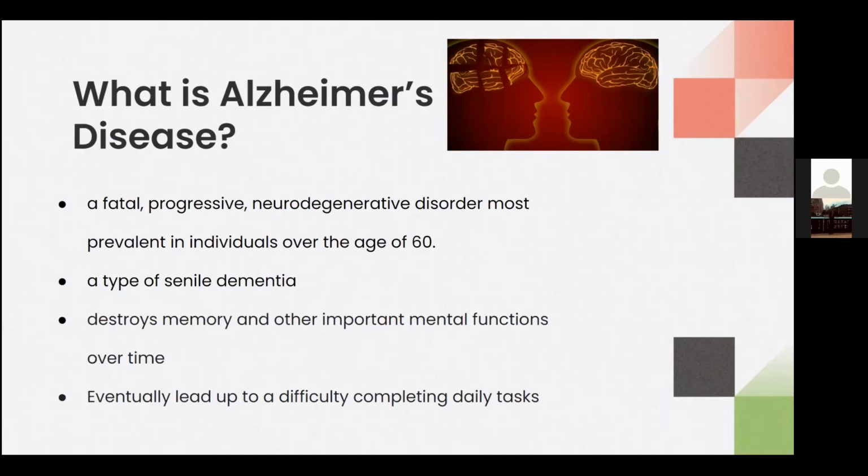So it destroys memory and other important mental functions over time. Eventually, at the very last stage, the patient has difficulty completing even just daily tasks like brushing your teeth or washing your hands.